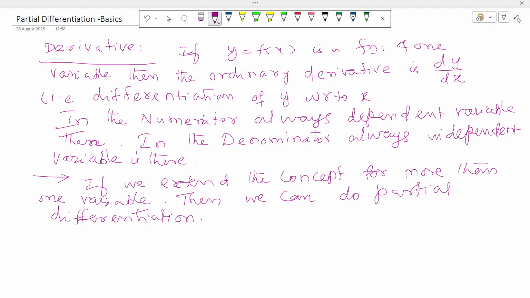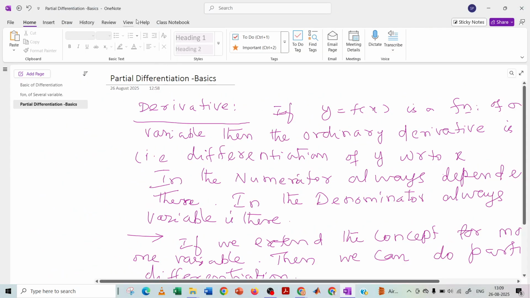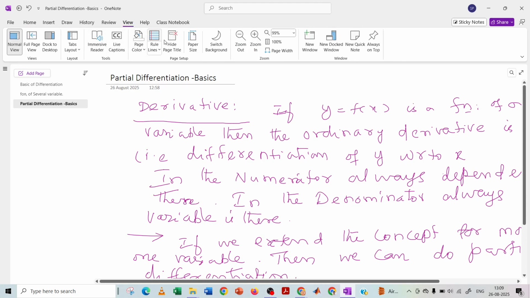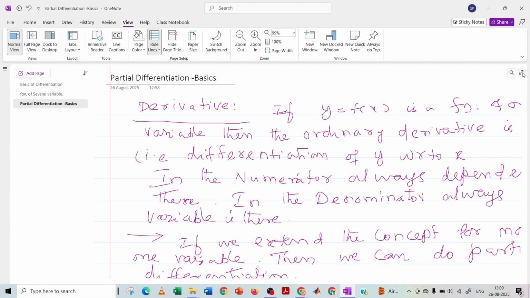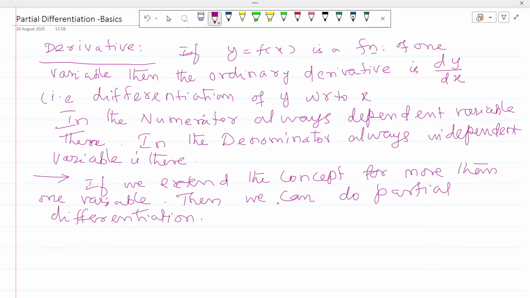So in the partial differentiation, just we can take that view. Okay, fine.